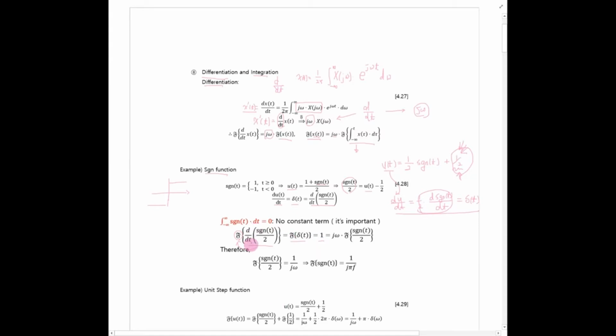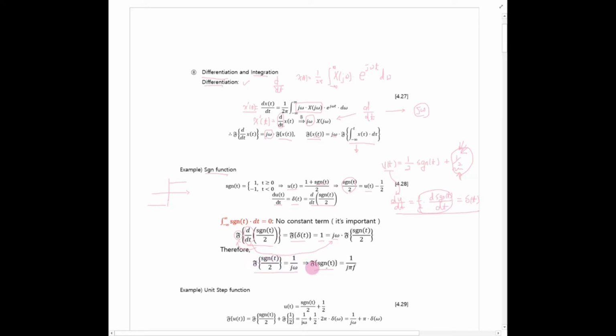And also we can replace d/dt with j omega by use of the differentiation relationship. So we know that the Fourier transform of the sign function, with the factor one half, equals 1 over j omega. If we want the sign function, we have to multiply both sides by 2.